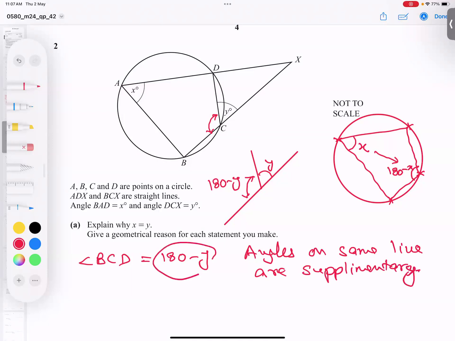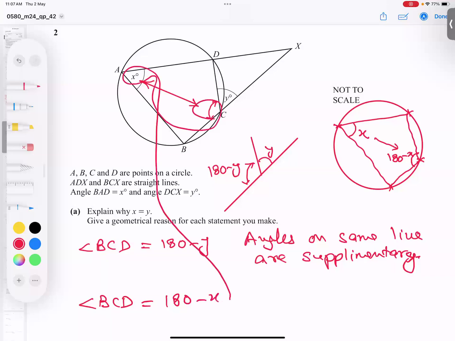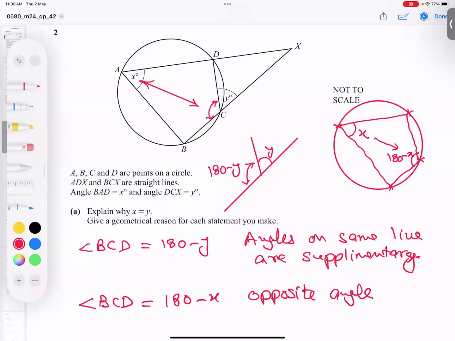Okay, it means I got this angle. But on the other side, if I find this second method, that this is a cyclic quadrilateral, now I will say that angle BCD is 180 minus x, because we know one angle, how to find this angle, 180 minus that. And what's the reason? Opposite angles in a cyclic quadrilateral, what is called cyclic, student?